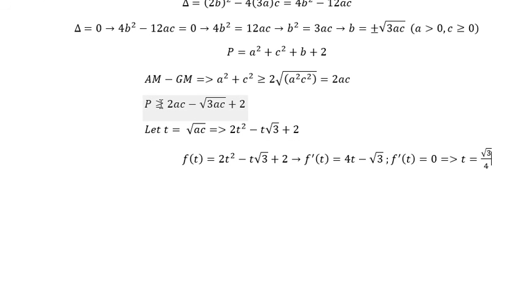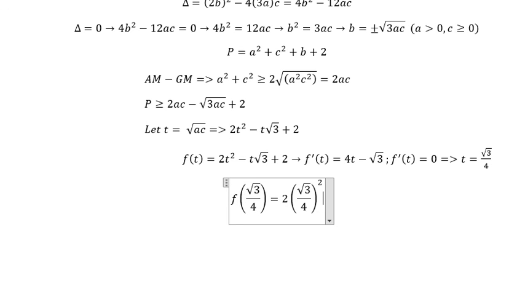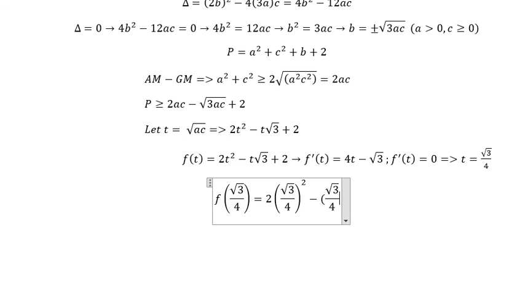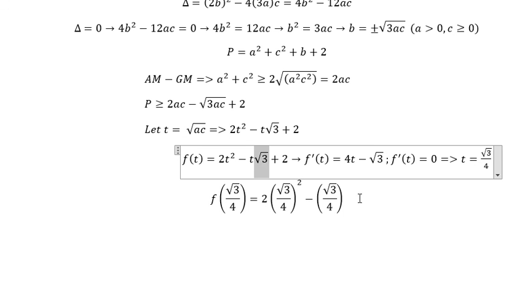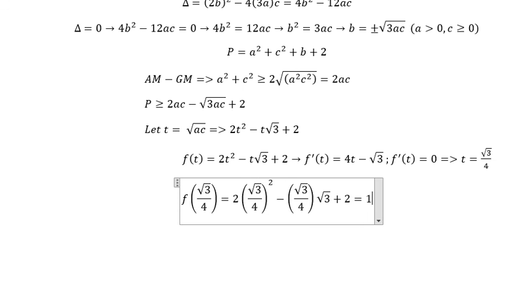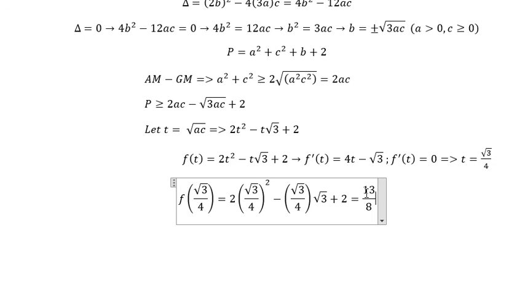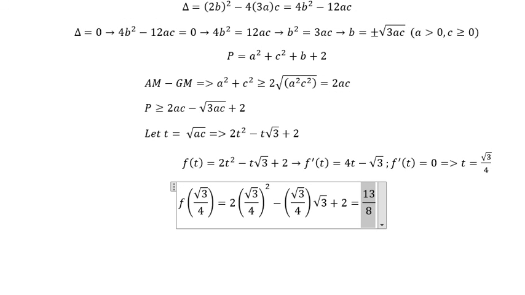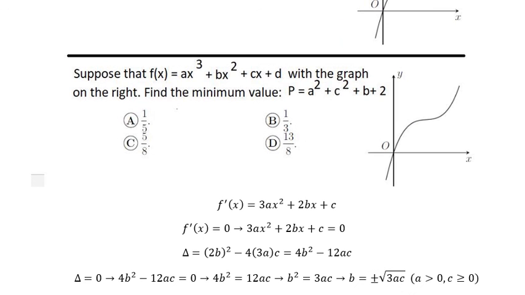Now we put it back into this equation. That's 13 over 8. After we find this value, this is the minimum value of the function, and the answer for the question in here is D.